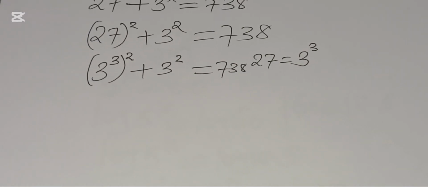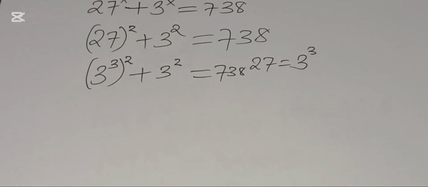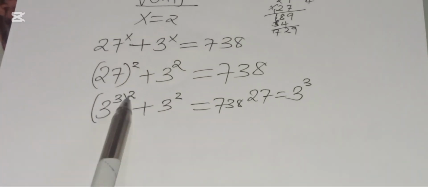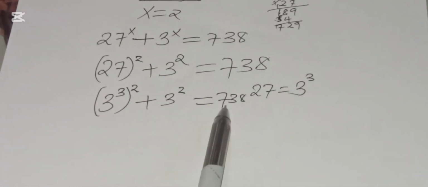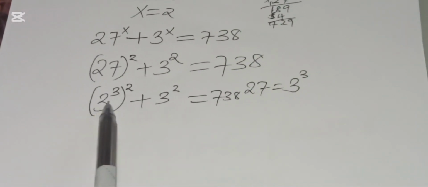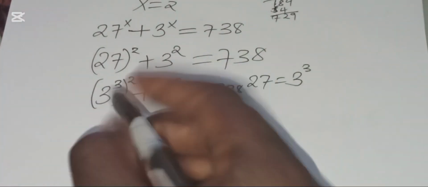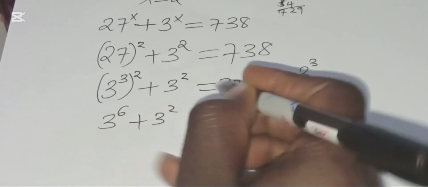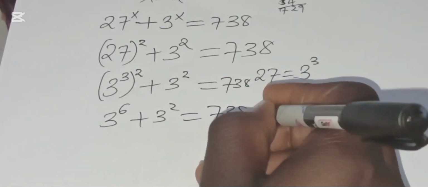Now 3 cubed is equal to 27. So we have 3 raised to power 3 squared plus 3 squared, which should give us 738. So 3 times 2, which is 3 raised to power 6, plus 3 squared. This is supposed to give us 738.